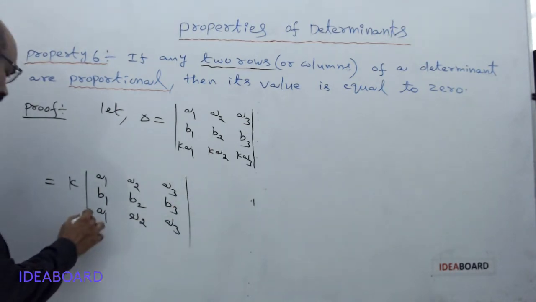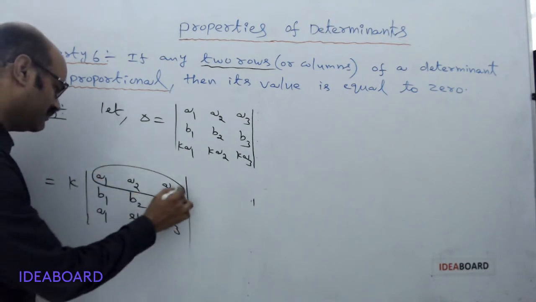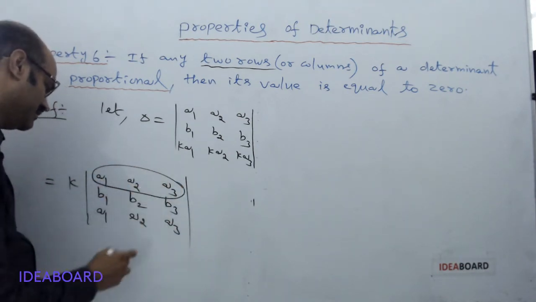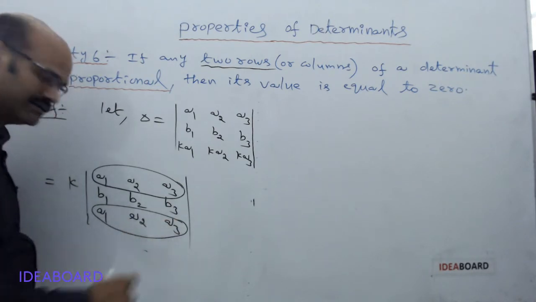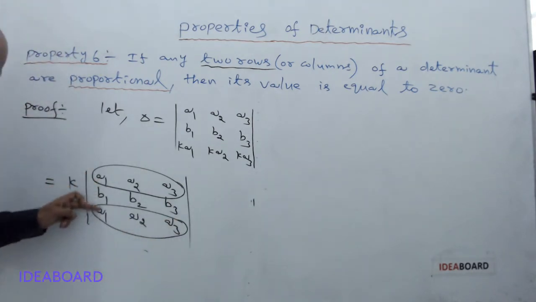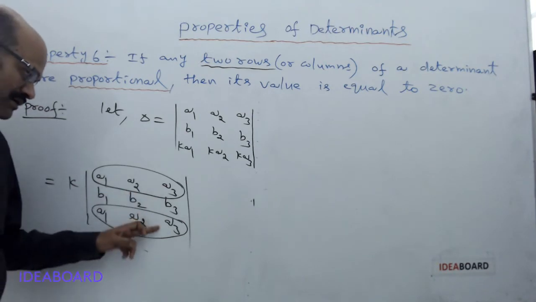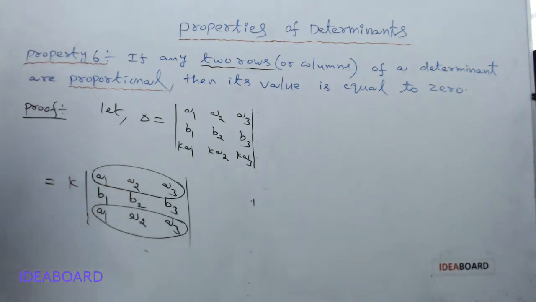Here in R1 you are having a1, a2, a3. In R3 we are having a1, a2, a3. Here the corresponding elements are same.